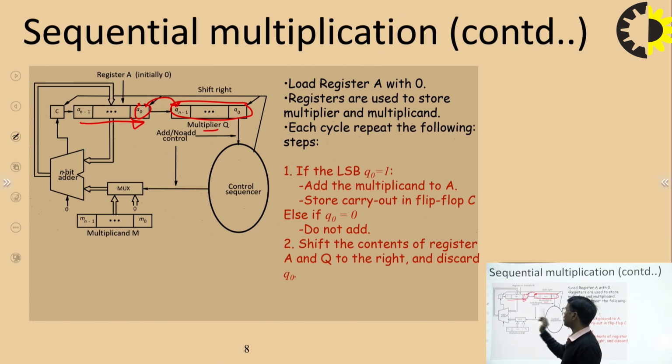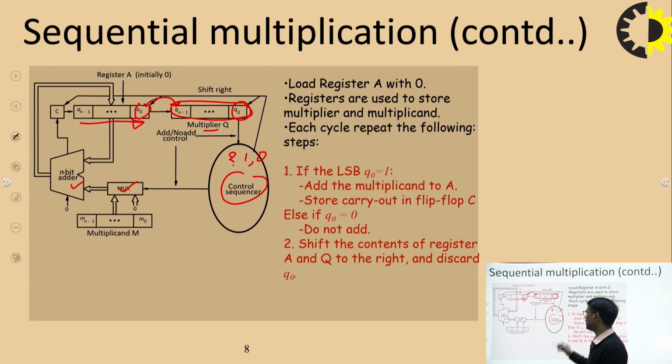Now, apart from that, we have 2 more circuit elements. One is an n bit adder and a multiplexer that can be used to convert that array multiplier into a sequential multiplier. So, the control sequencer fetches the bit from the rightmost of the multiplier and decides whether it is 1 or 0.